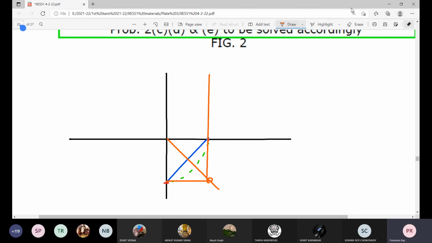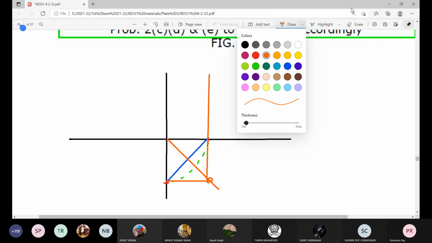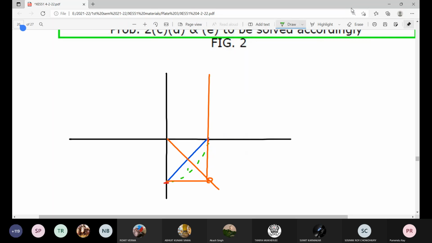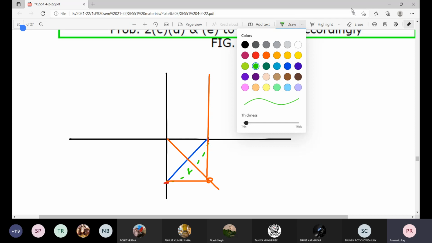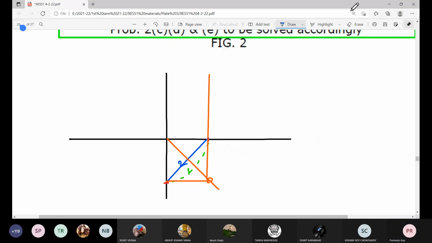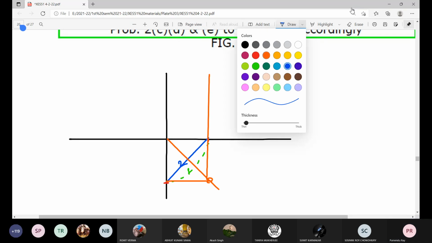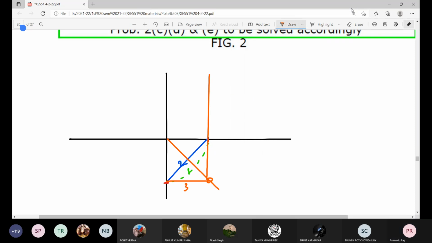So either 1 or 2 or 3. 3 first step, 3 second step, and this is 3 third step.